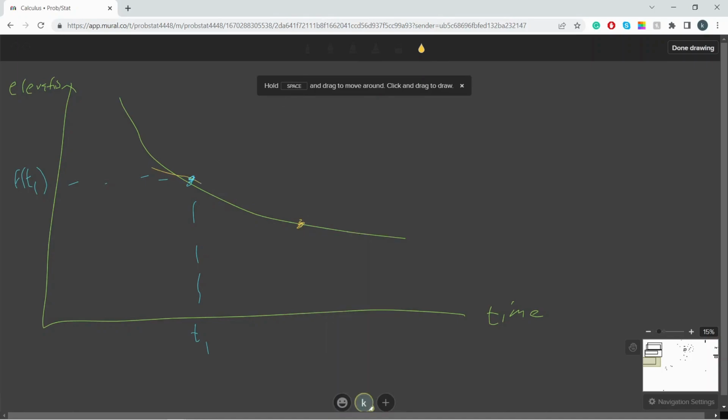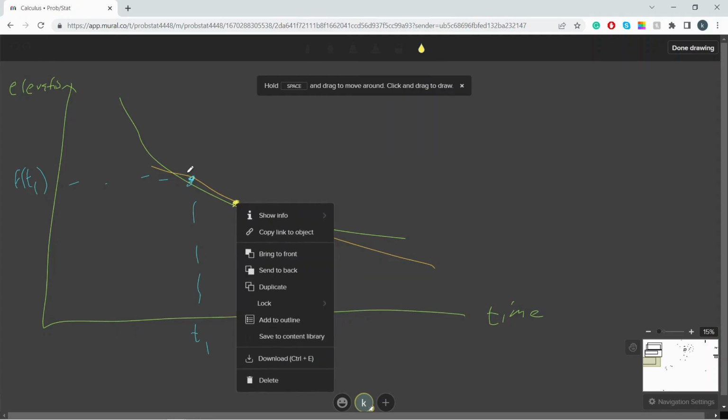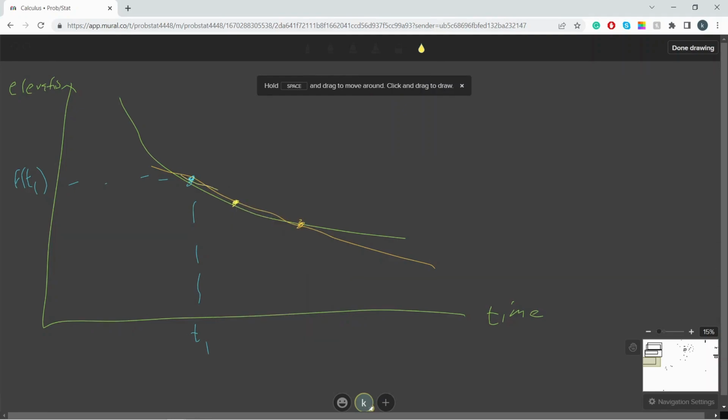So the line we're using to approximate the rate of change in the elevation at t1 is going to be this orange line right here, which is a decent approximation, but we could do better. And now let's say we have this yellow point that is moved up here. Now the yellow line right here is a bit better. There is a bit of improvement, but we could do a bit better.